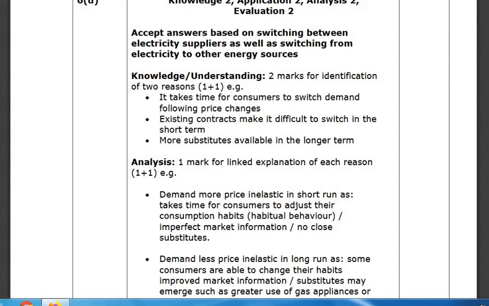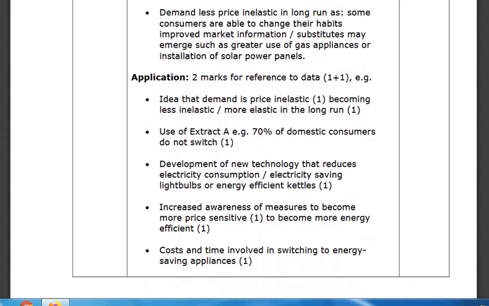Like, if you wrote down your knowledge point, you get a mark for that. Then you could write some analysis here. That would be enough probably to get the analysis mark. And then you picked out one of those applications that was relevant to the point that you made.